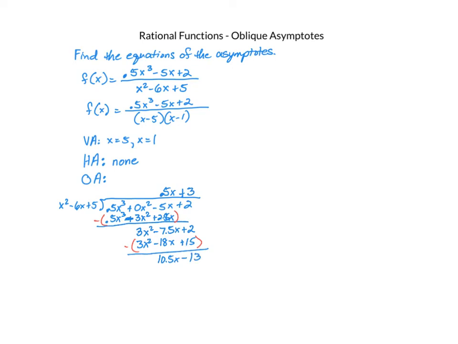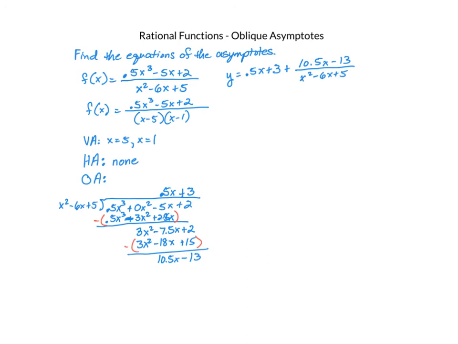So our function could be equivalently written as y equals 0.5x plus 3 plus 10.5x minus 13 over, what's our divisor? x squared minus 6x plus 5.